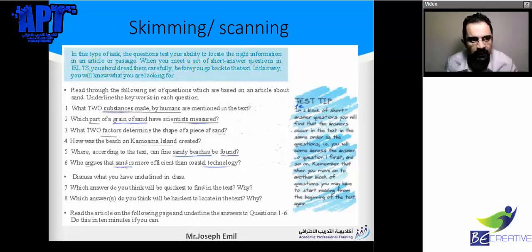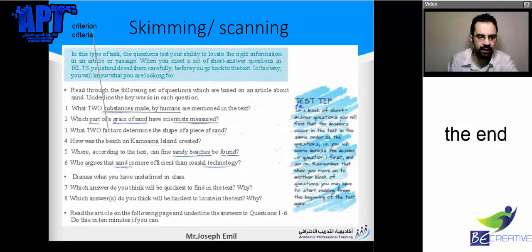A factor is, shall we say, an agent or a criterion. So here, factor is criterion. By the way, the plural of criterion is criteria. So again, what two factors determine the shape of a piece of sand?